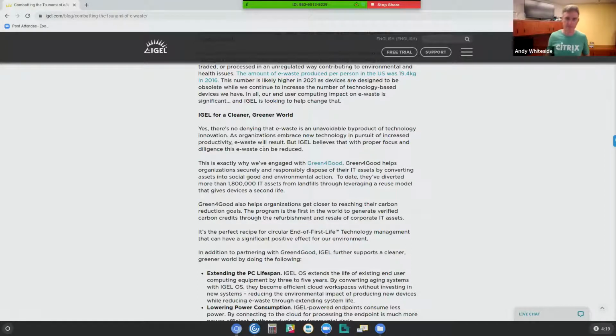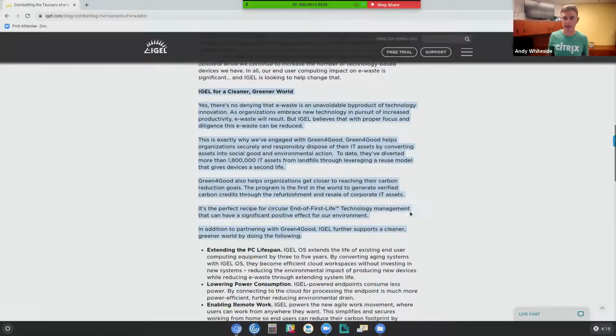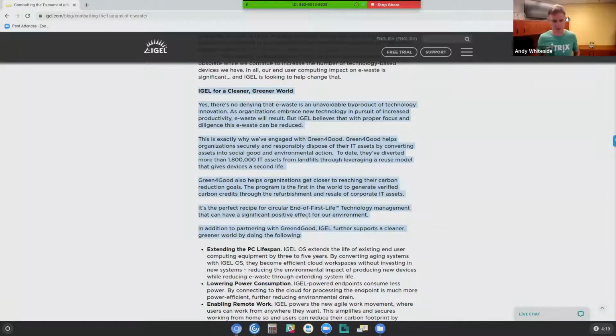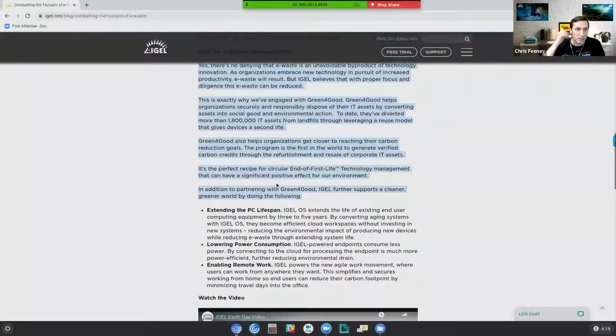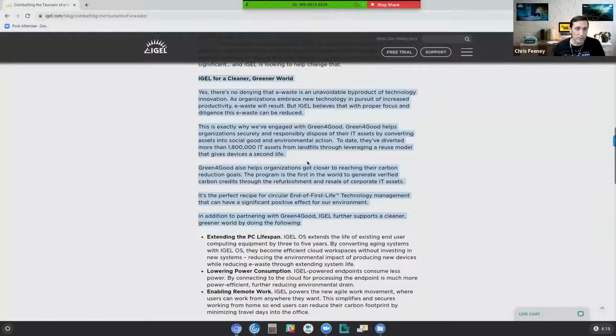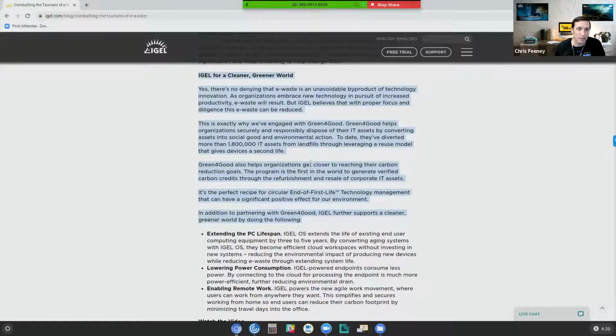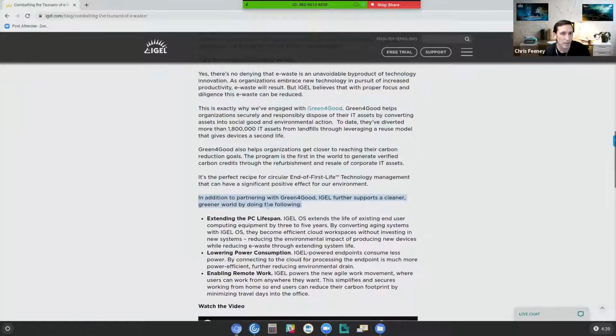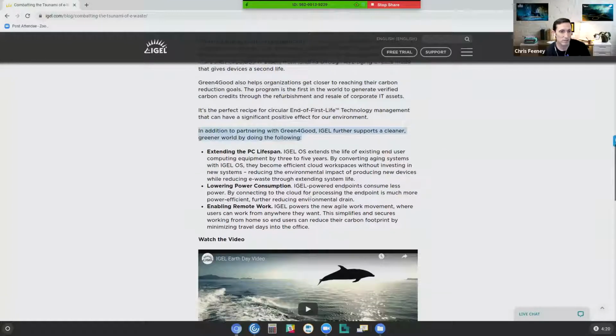Well, Chris, IGEL in this blog addresses a couple things, but what's the IGEL story and how's IGEL tackling this beyond what we've talked about so far? Well, you can see here we highlighted an organization, Green for Good, that addresses that very issue of securely, responsibly taking those IT assets and converting them into social good, I guess, if that's a new term.